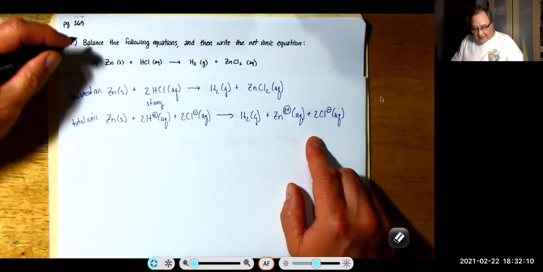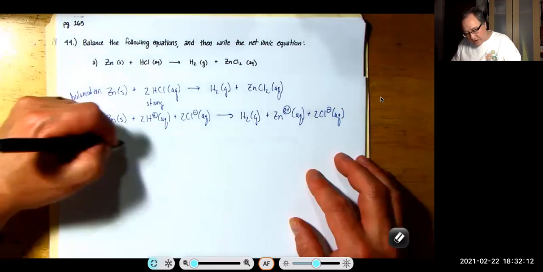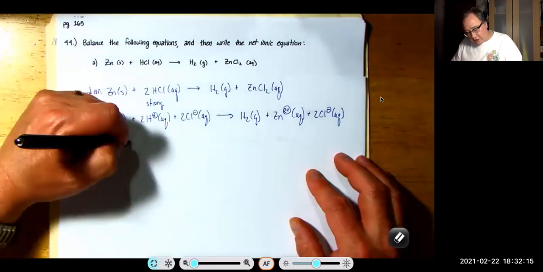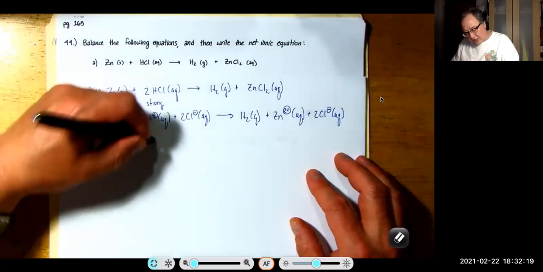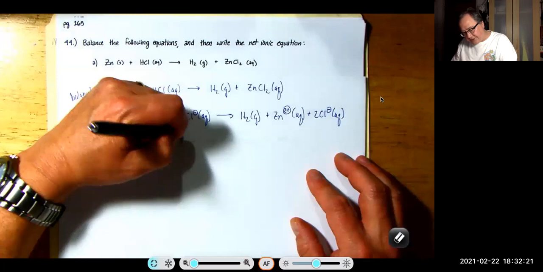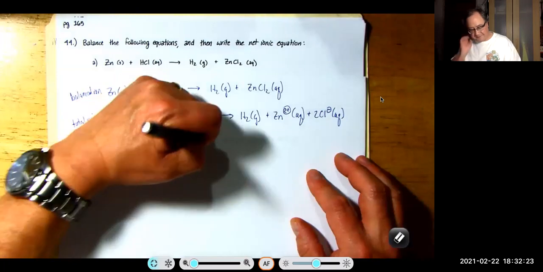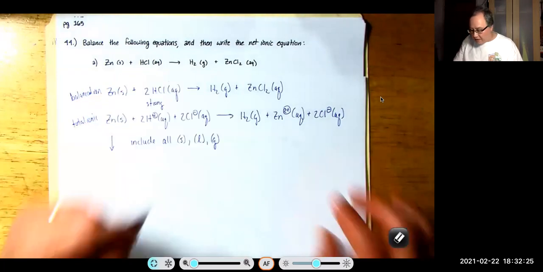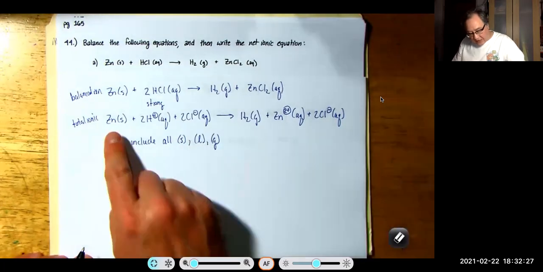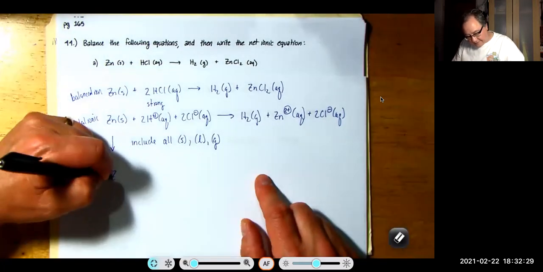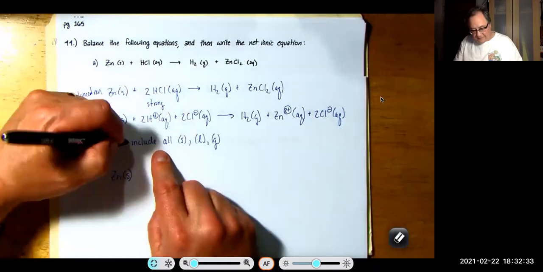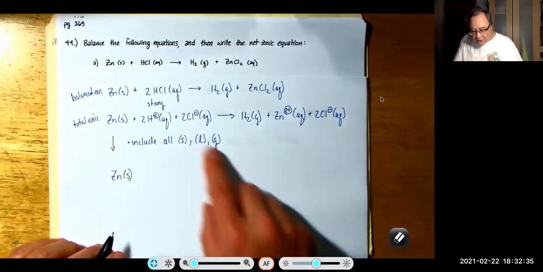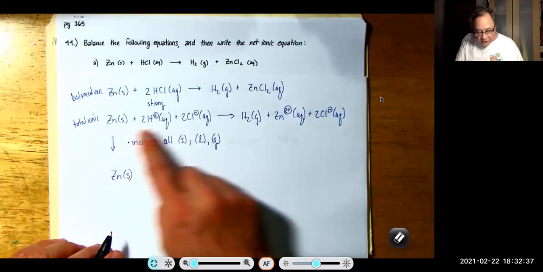And how do we get the net? Well, to get the net, you do the following. You include all solids, liquids, and gases. So if we look above, we see that zinc is a solid. I'm going to include that. I'm leaving a little space here. No other solids here, no other liquids, and no other gases.